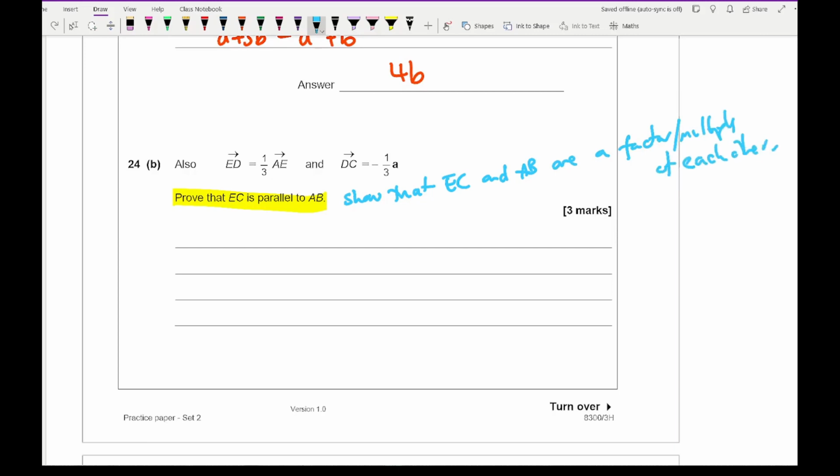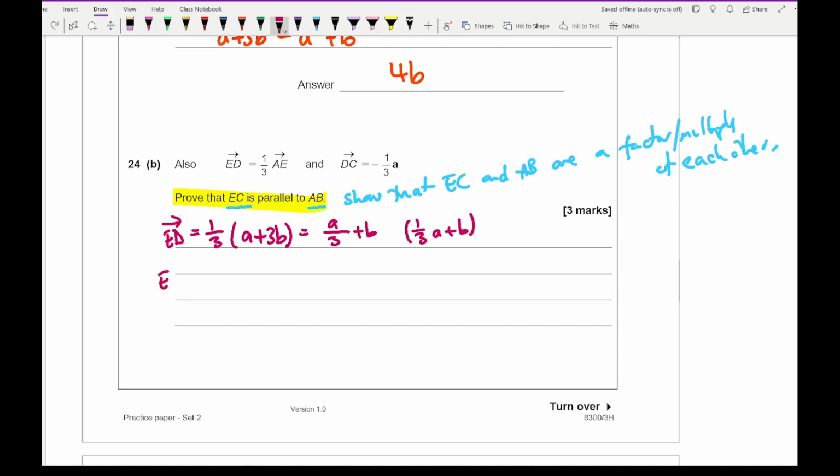So what we need to do first is find out what these two lengths are going to be. So E to D, let's find that first, is going to be a third of a plus 3b, which equals a over 3 plus b. Now you could write it as a third a plus b, so that's absolutely fine.